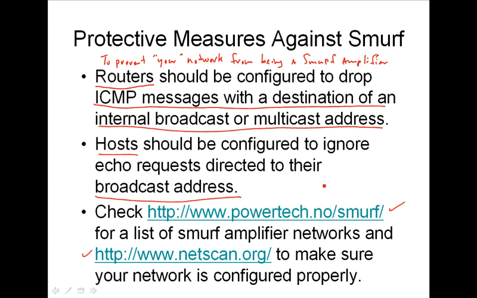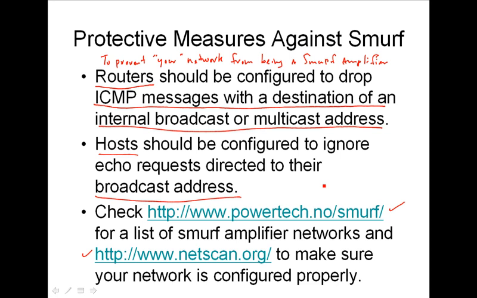Now, again, you can turn this off, and I really recommend that you do at your router. You should block ping requests coming in from the internet for a number of reasons. One of the reasons is that it can be used to kind of map your network from the outside.